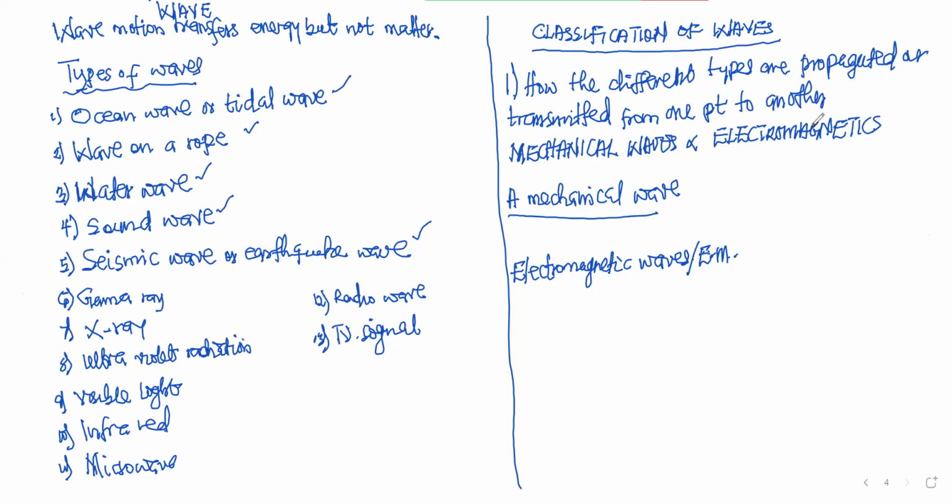So for EM waves, they do not require a medium to be propagated. Electromagnetic waves do not require a medium to be propagated from one point to another. So the visible light we get from the sun is an example under this classification. In space we have points of no air.